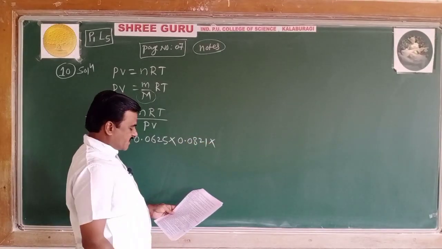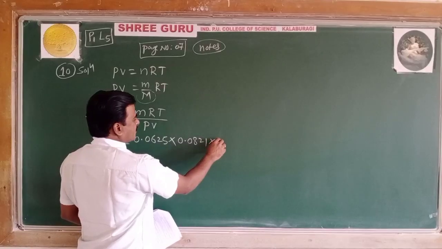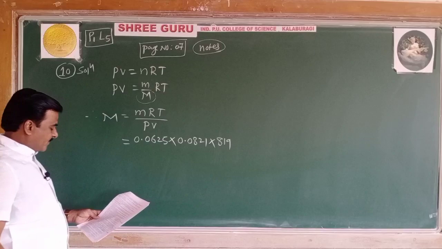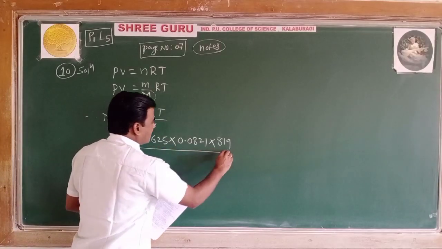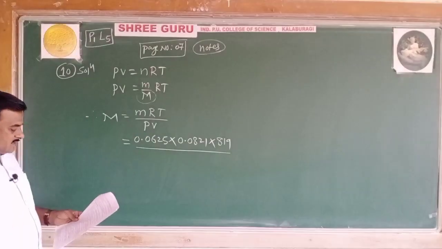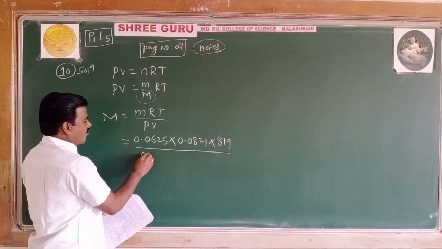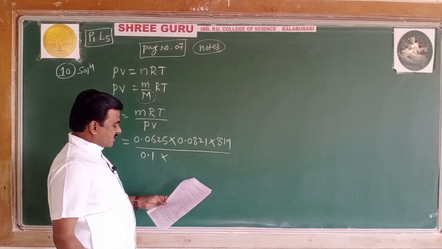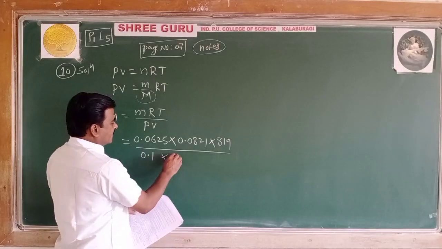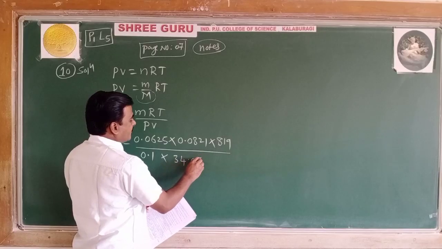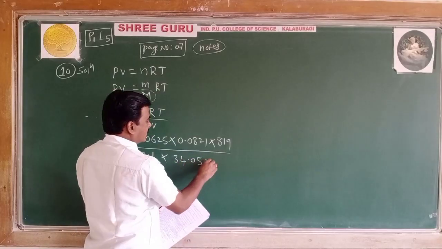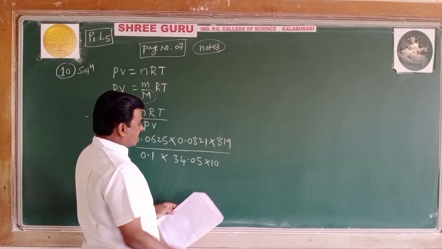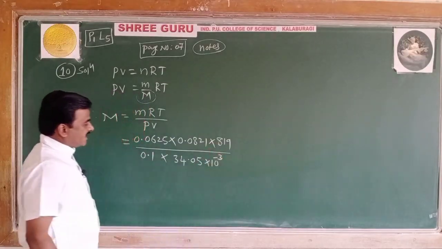Temperature 546, that is 546 plus 273, which is 819, divided by the pressure, which is 0.1 bar, and the volume, which is given in milliliter, 34.05 milliliter. Convert that by multiplying by 10 raised to minus 3 dm cube.